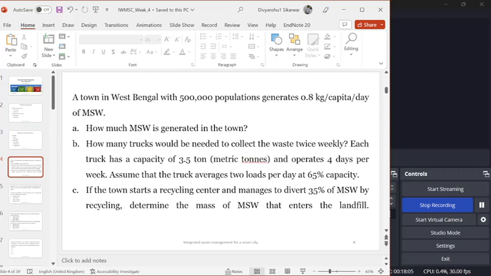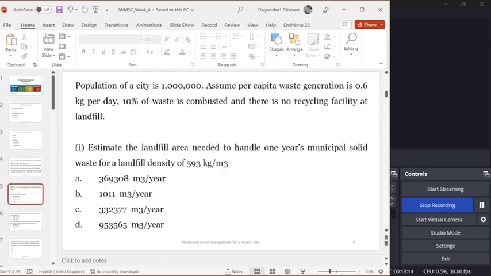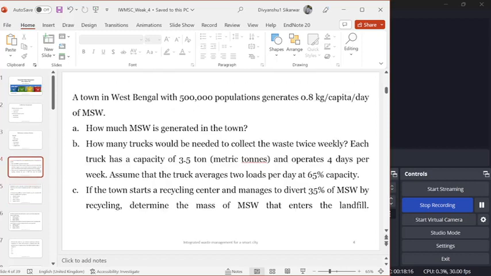A town in West Bengal with 5 lakh population generates 0.8 kg per capita per day of MSW. How much MSW is generated in the town? Read this question and take a few minutes to solve it, and then we will solve the question together, or I will share the solution.